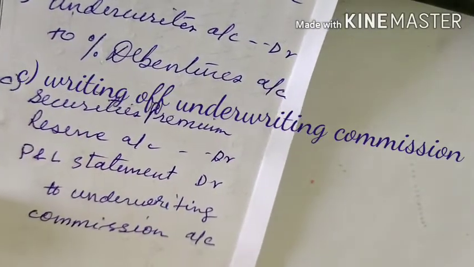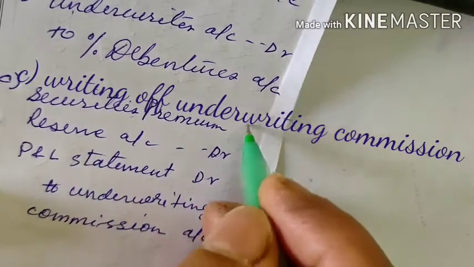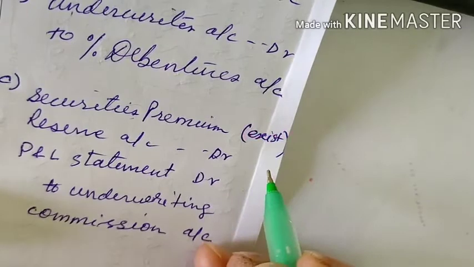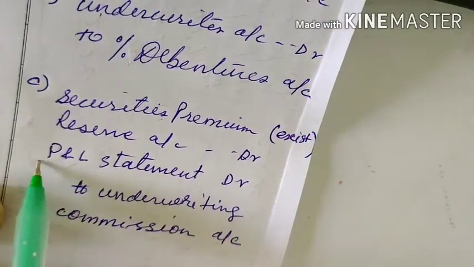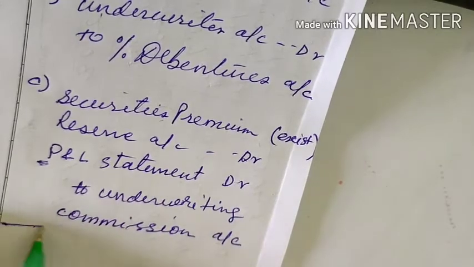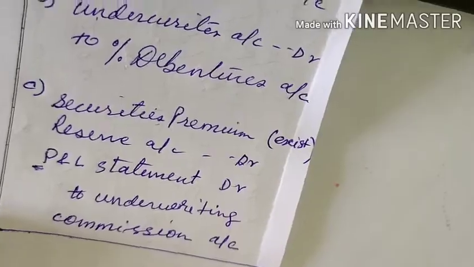This is the writing off entry. Now this securities premium reserve should be taken if it exists. If it is there, you will take this one, otherwise we adjust from the profit and loss statement. So this is the end of the entry for issue of debentures to underwriters.